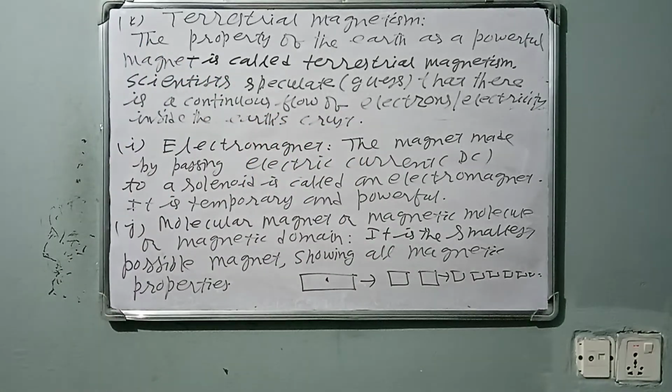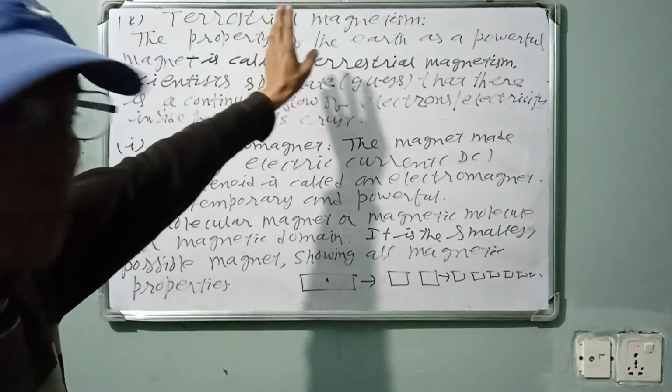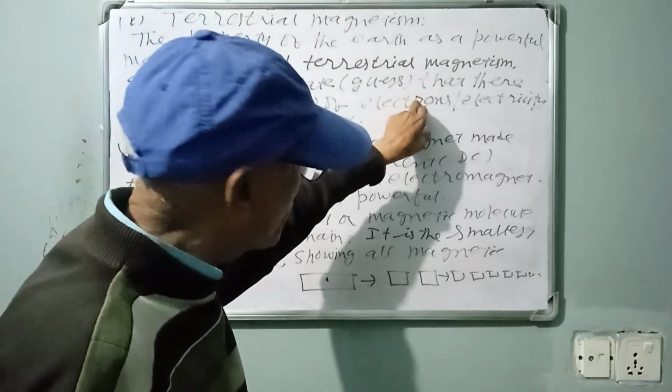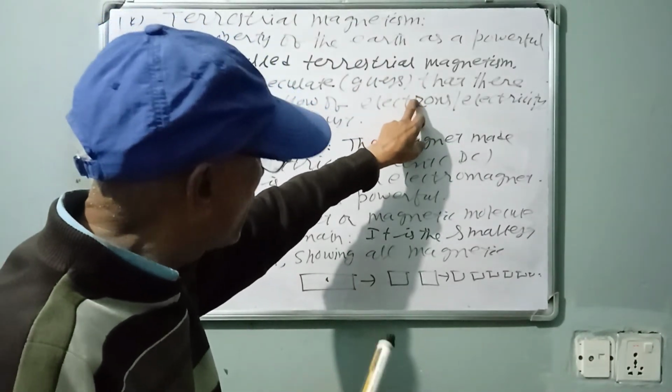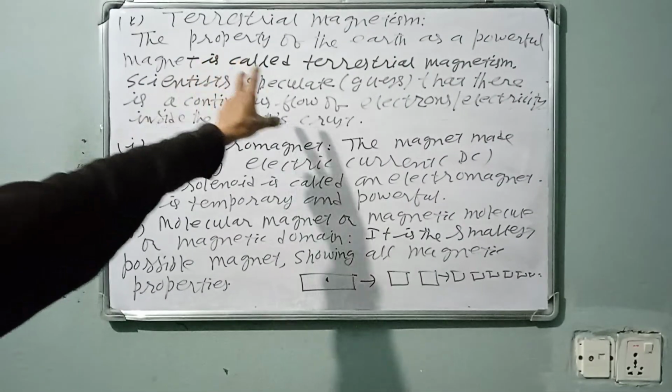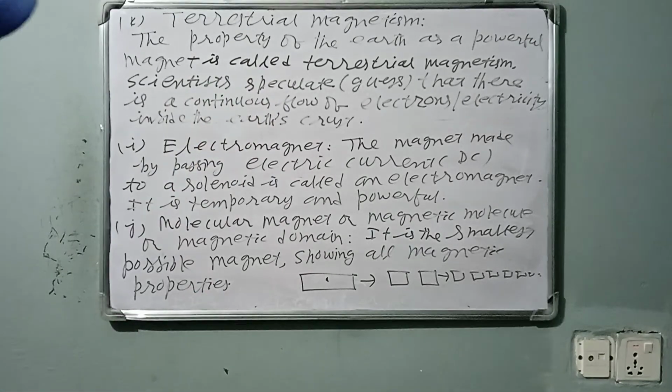See, if there is electricity flowing, a magnetic field is produced, and due to the magnetic field developed, the earth also behaves as a powerful magnet.